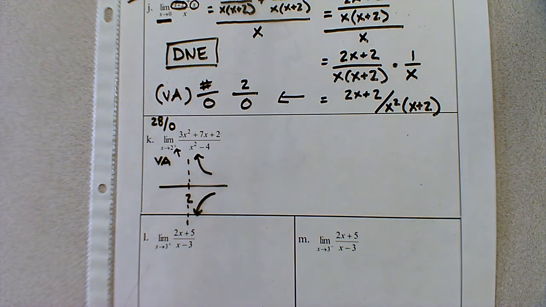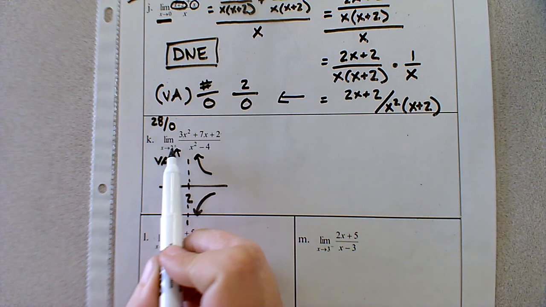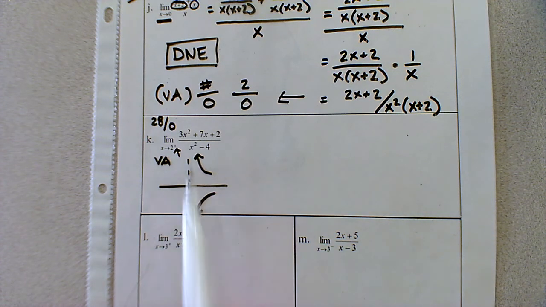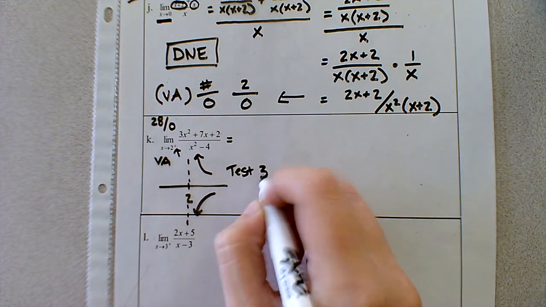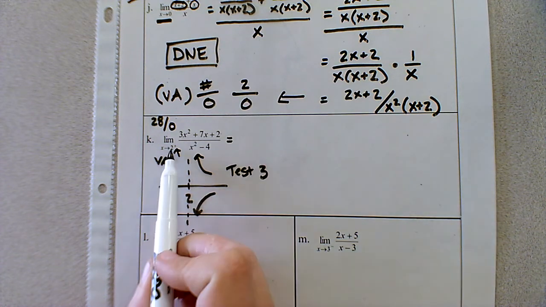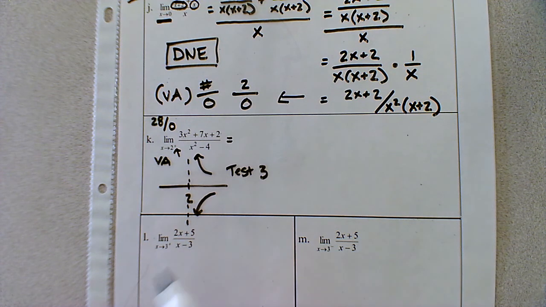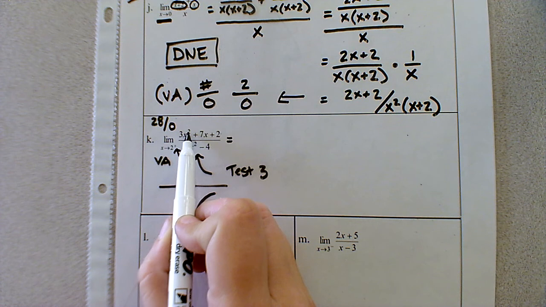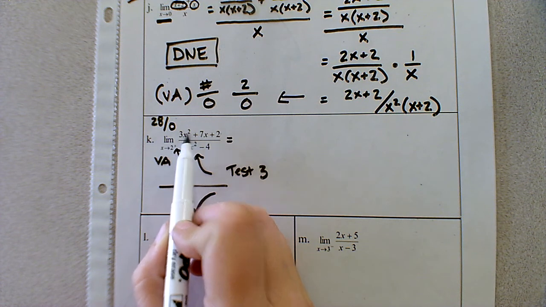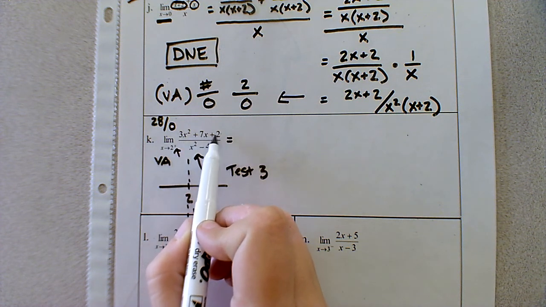All right, so this is when you want to pick a number on the right side of 2, preferably something close to 2, to plug in and see what happens. So maybe we'll test 3. Ideally you'd want to try like 2.1, something close to 2, but you can go ahead and use a whole number. We'll go ahead and try it. So if we plug in 3, 3 squared is 9, times another 3 is 27, plus 21, plus 2.